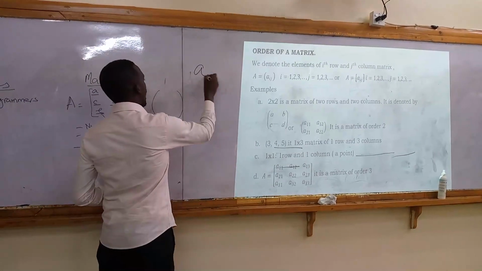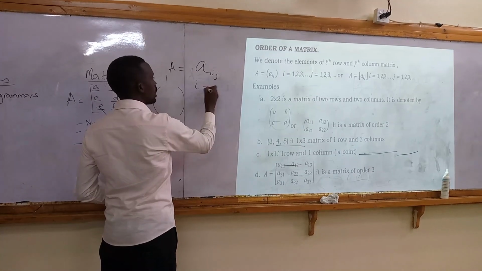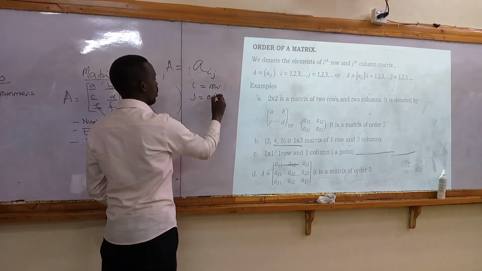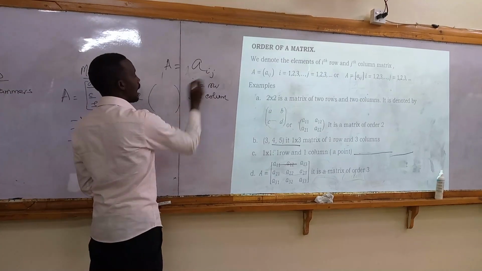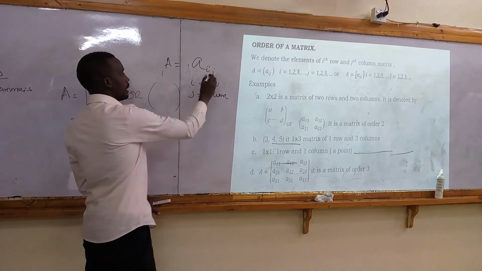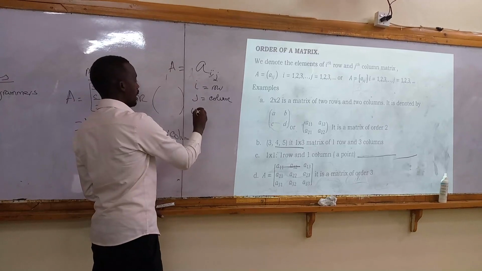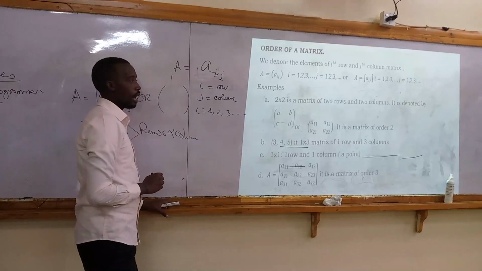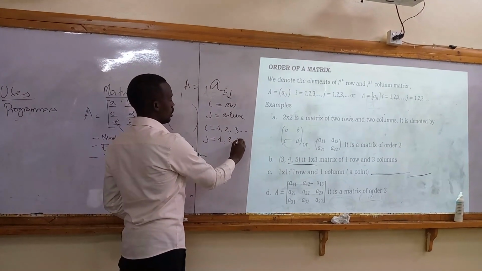We say our matrix A is equal to a_ij, where i represents the row and j represents the column, where i is 1, 2, 3 up to the number of rows, and j equals 1, 2, 3, and so on.